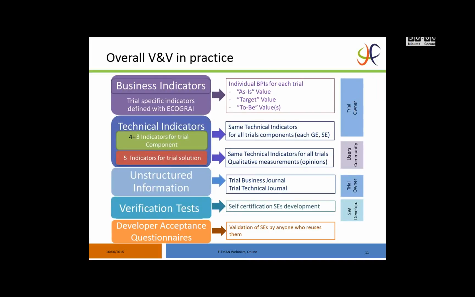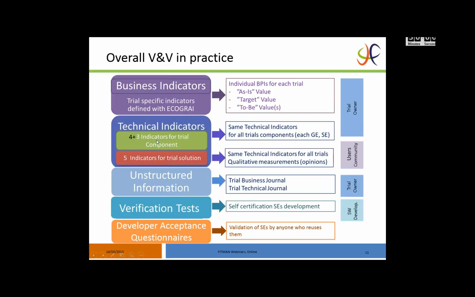And now what I'm showing you is the overall verification and validation methodology, how it was applied in practice in FITMAN. We defined business indicators for the trials, defined with the help of the eco-gray methodology.